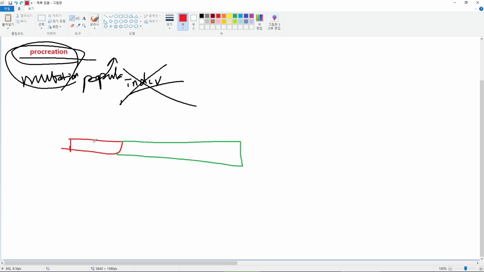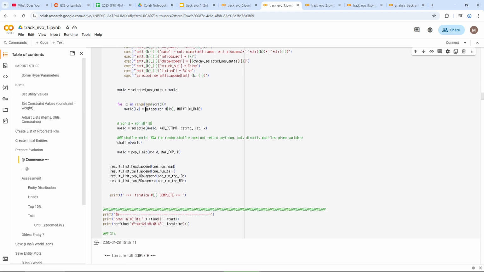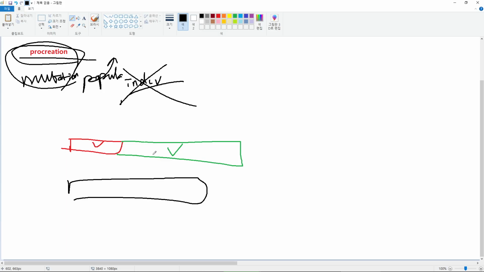The newborns would be added in front, and the old ones would still be here. But then I shuffle it, right after I let the mutation happen and let the selector function work.